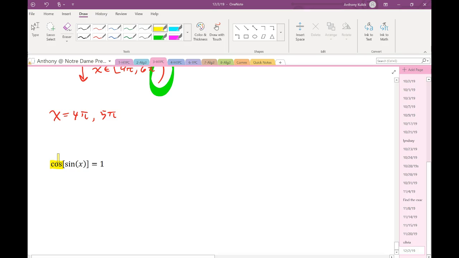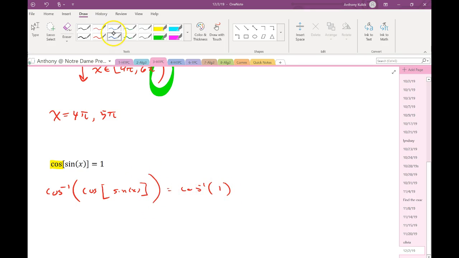How do I cancel this cosine? I take the cosine inverse of both sides.